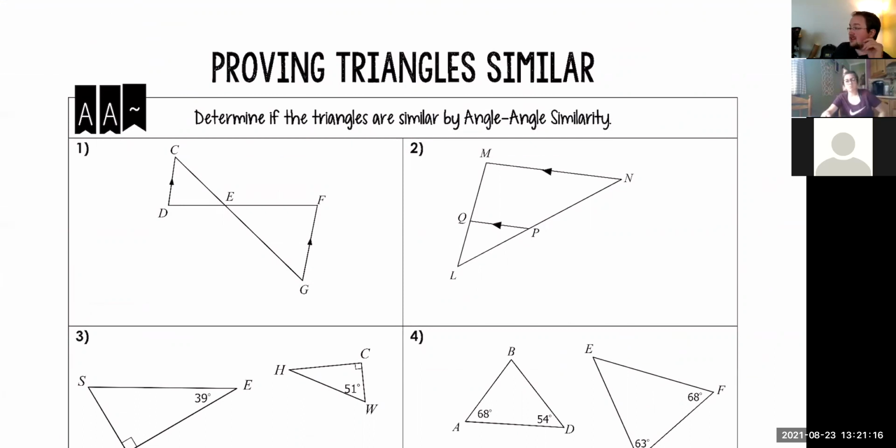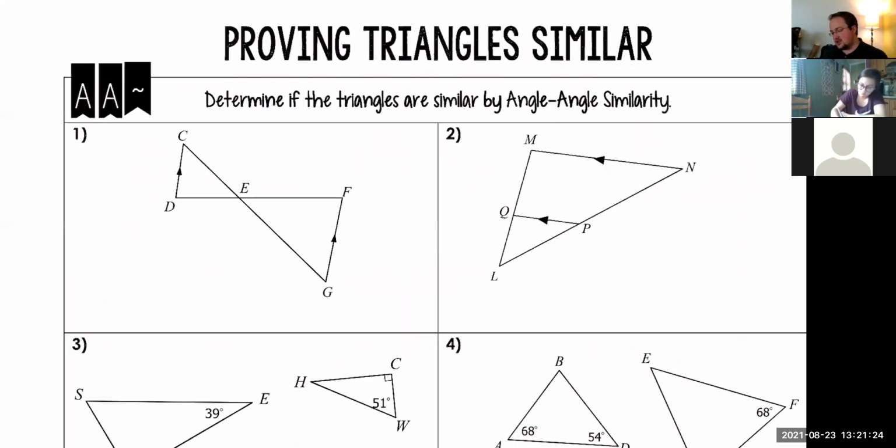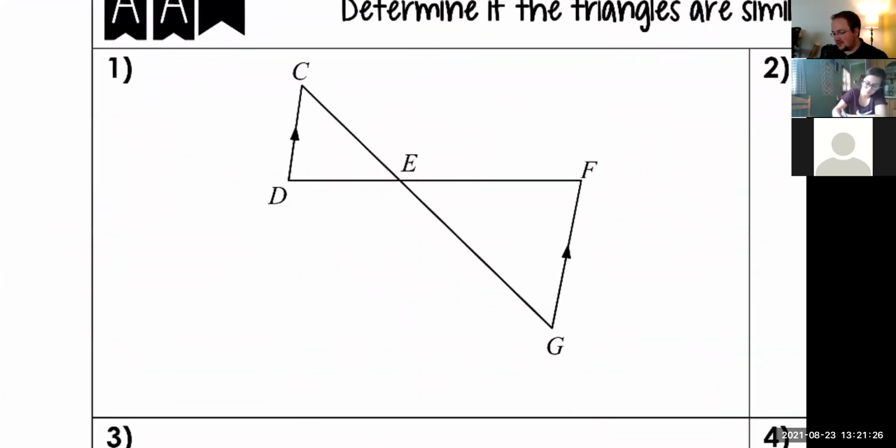We have to be careful because some of these are sneaky. They give us just enough information, but we have to look at it. First one being no exception. Nothing's labeled other than the vertices and these symbols right here. What do they mean? A parallel set of lines.